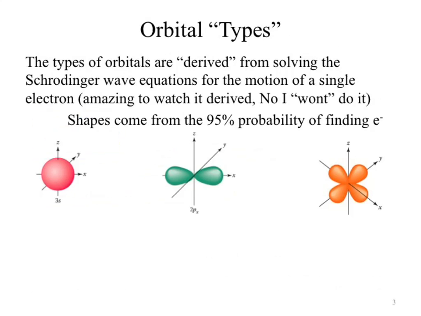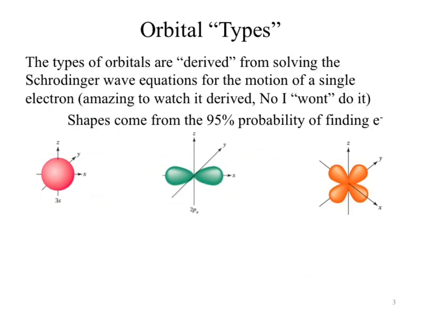So our orbital types, we get 3 possible types. These are 3 of the possible types. We can get some more. These shapes come from solving Schrodinger's wave equation. Not a big thing to memorize, but it's kind of cool to know about.